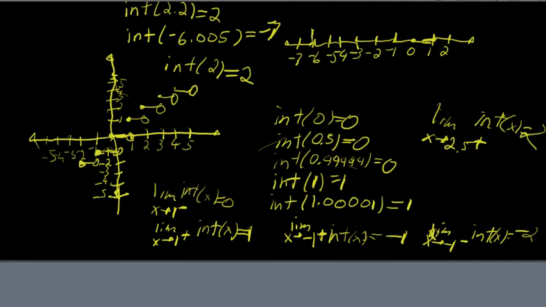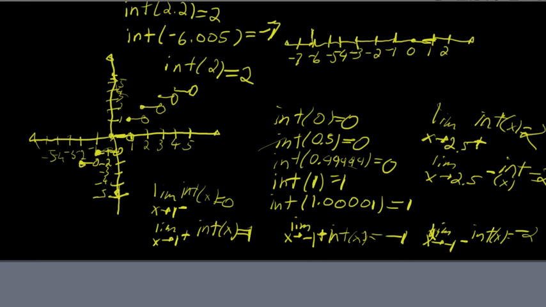But let's say we wanted to approach 2.5 from the left. So we'd be looking at x equals 2.4999999. Well, the int of that, the greatest integer smaller than 2.49999, is still 2. So for some values, the left and right limits are equal, and for some they're not in this particular function.